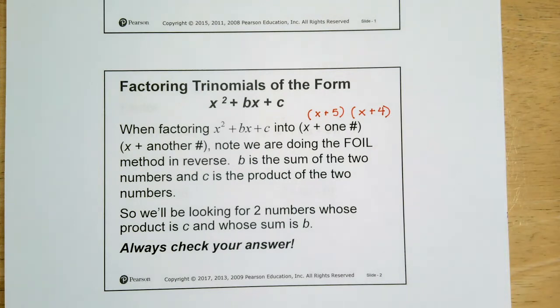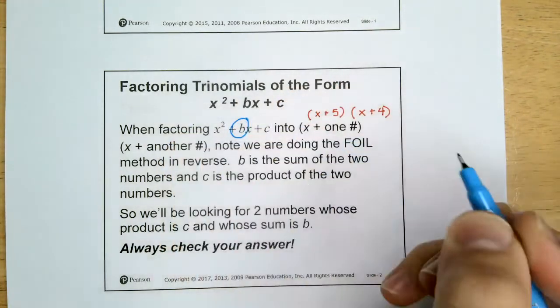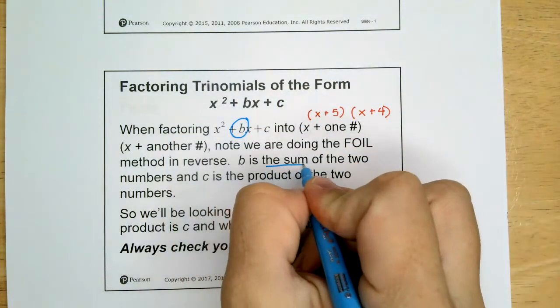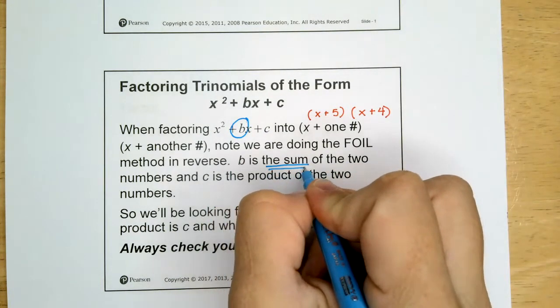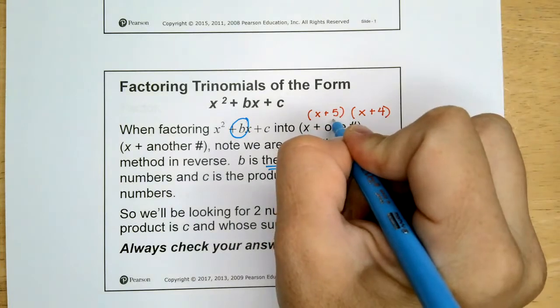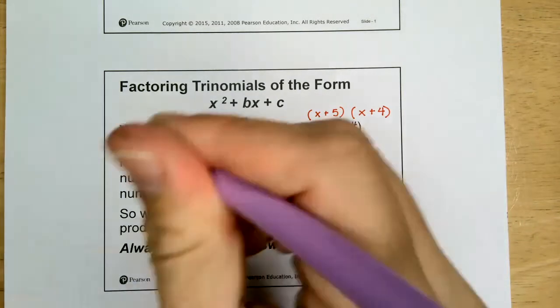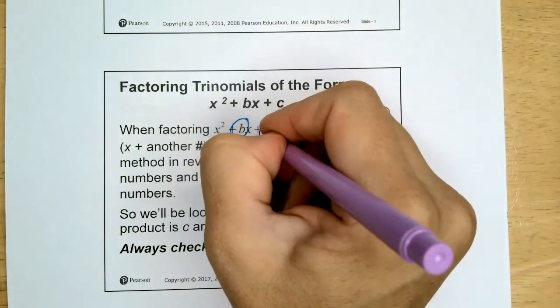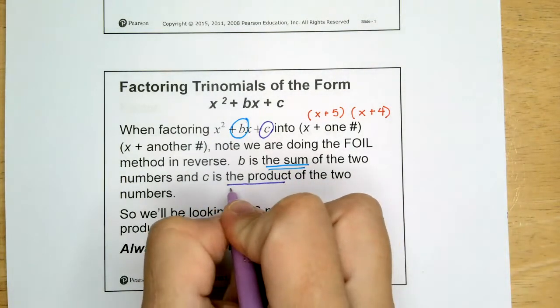B is the sum of the two numbers. C is the product of the two numbers.